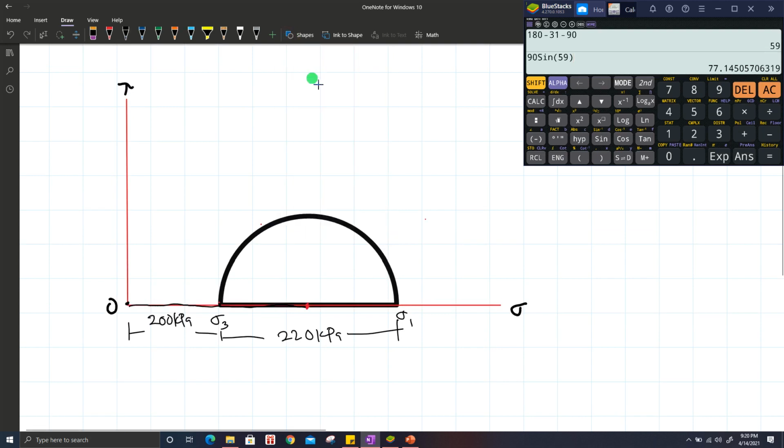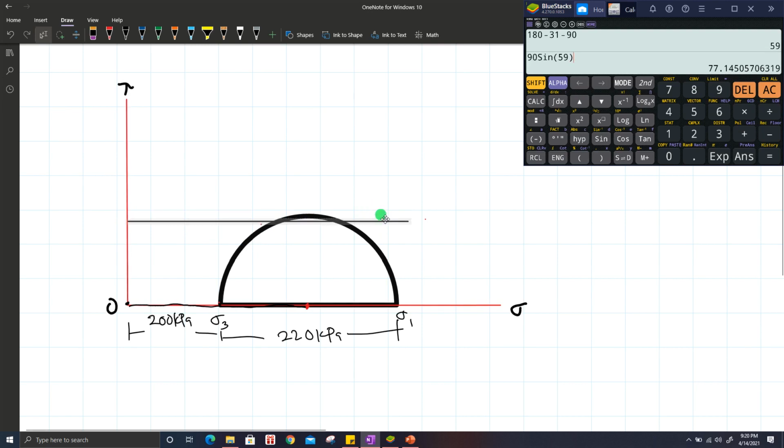ay hindi ko kasi na-present dun sa PowerPoint. May similarity sa UC, which is ang kanyang failure envelope ay horizontal. Okay, so yan, horizontal line na yan.